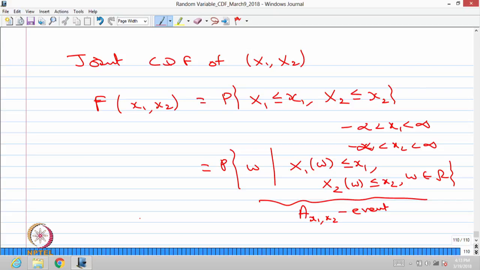Therefore, one can state what are all the properties that are going to be satisfied by this capital F. So let me write down.